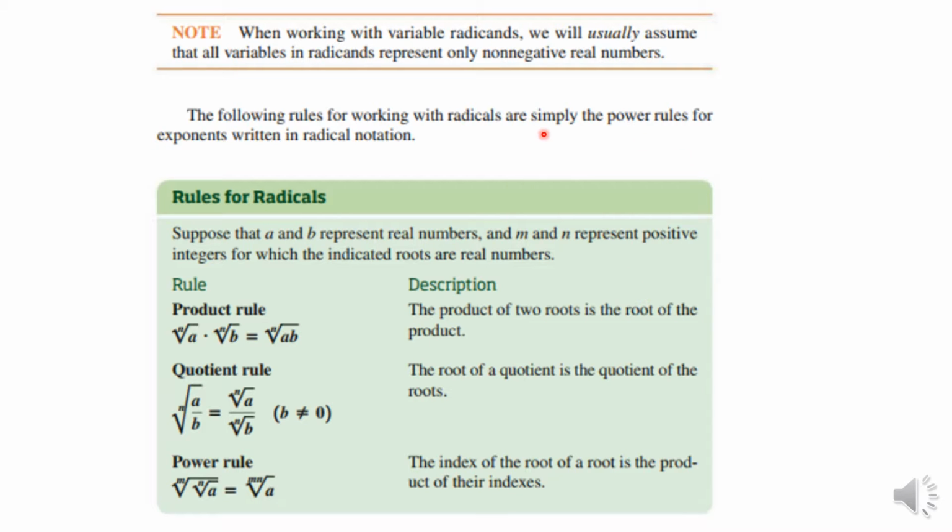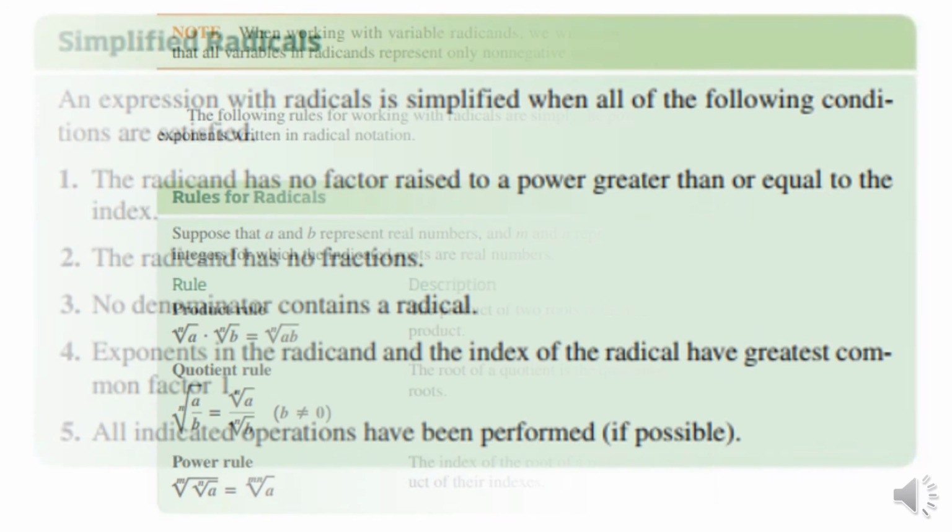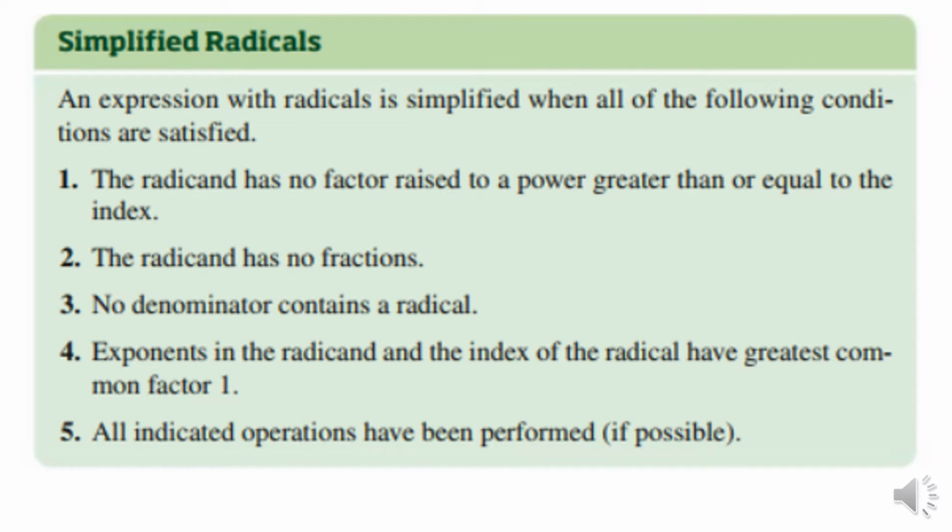But these are the power rules that we studied in exponents translated into radicals. Make sure you understand these. Make sure also you understand what it means for a radical to be simplified, because often the directions will say simplify completely. Note especially that we do not have radicals in the denominator.